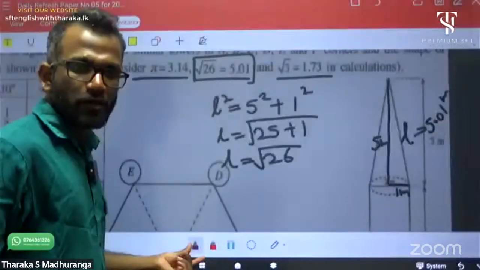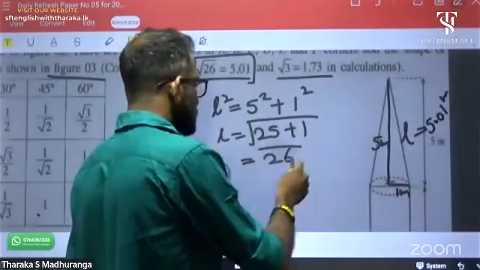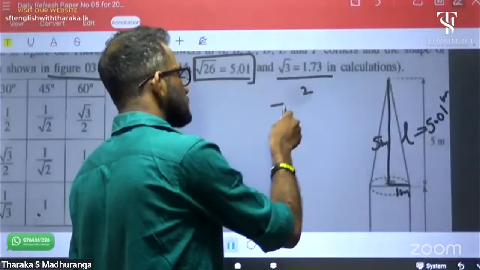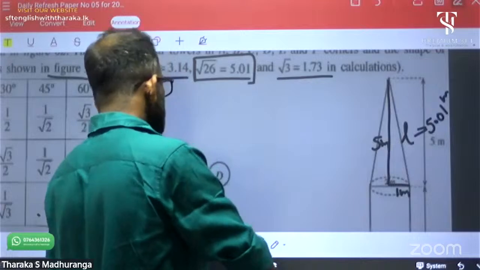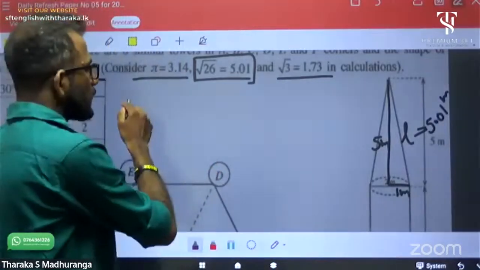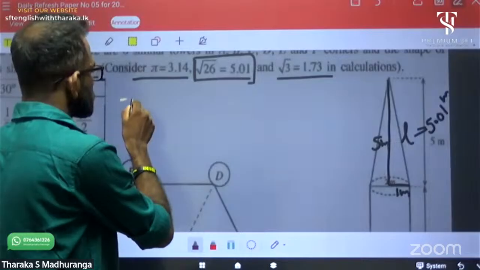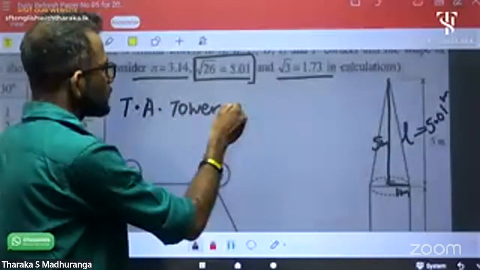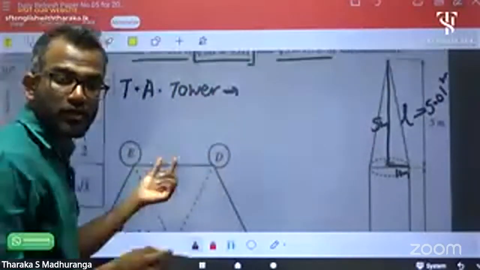Okay, I'm going to erase this step. I got the slant height first. After that, now I can get the total area of the tower. What's the equation?